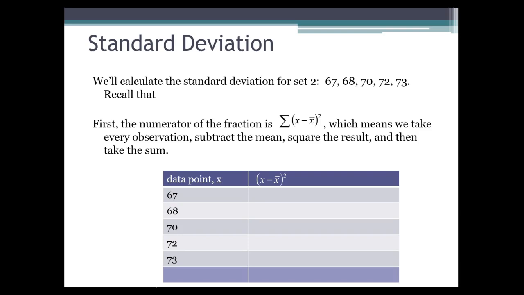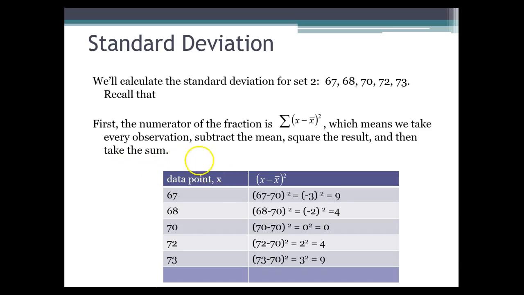So if this is our data set, we're going to start with a table of just each data point. And then we're going to take each data point minus the mean, squared. So we first have to actually calculate the mean, which turns out to be 70.